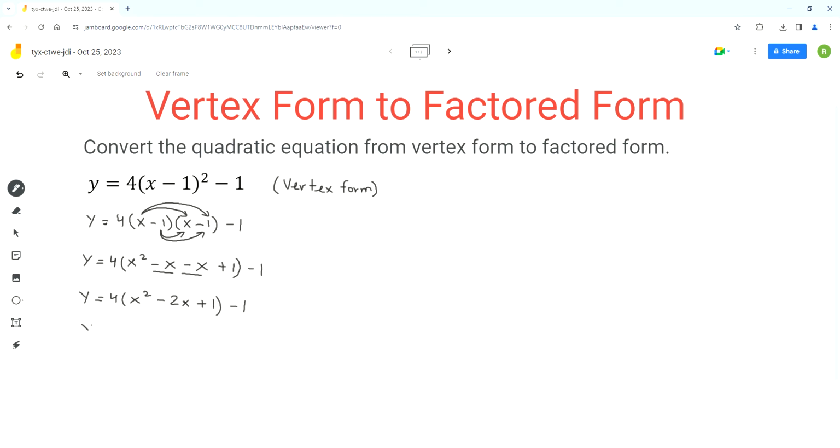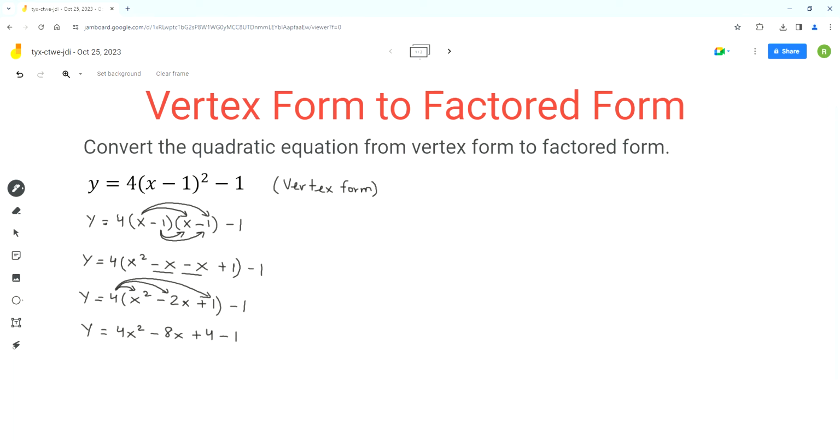Now we have to distribute this 4 in the parentheses. So we multiply each term in the parentheses by 4. So we get 4x squared, and then 4 times negative 2, which is negative 8x, and then 4 times 1, which is 4, and minus 1.